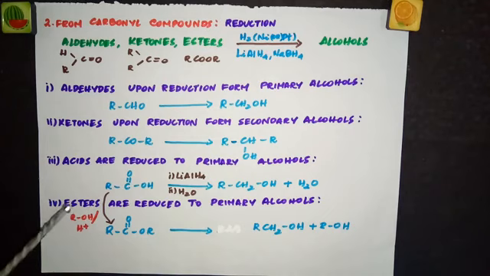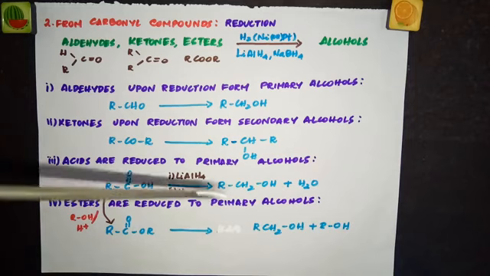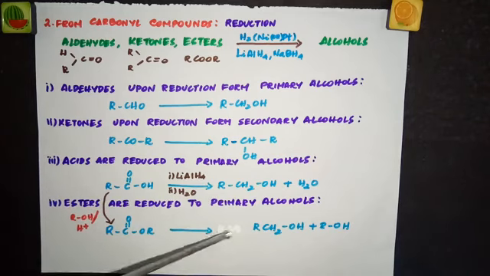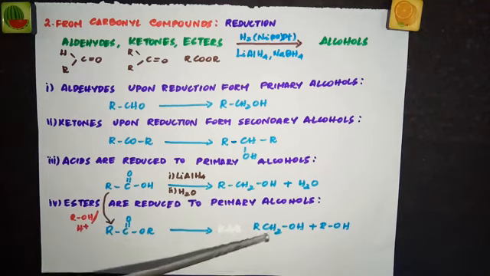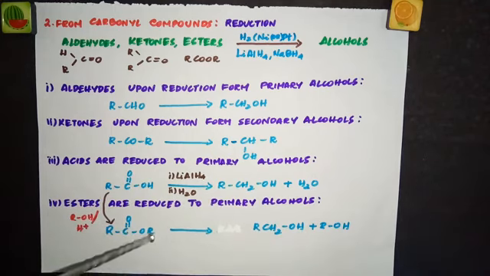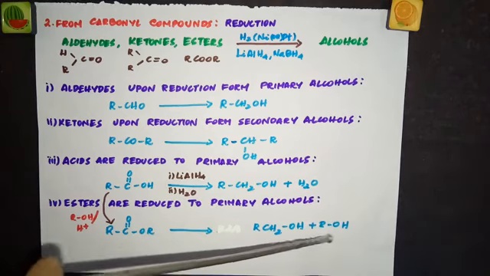Same way, if you take esters and reduce them, you will get primary alcohols. And how to write this, esters are C double bond O, OR. So this RO will go out. Just, this is not the mechanism, I'm just telling this to make it easier for you to remember these products. So this R part will be as such. This C double bond O part will be changed into CH2OH, and this RO will go out as ROH.